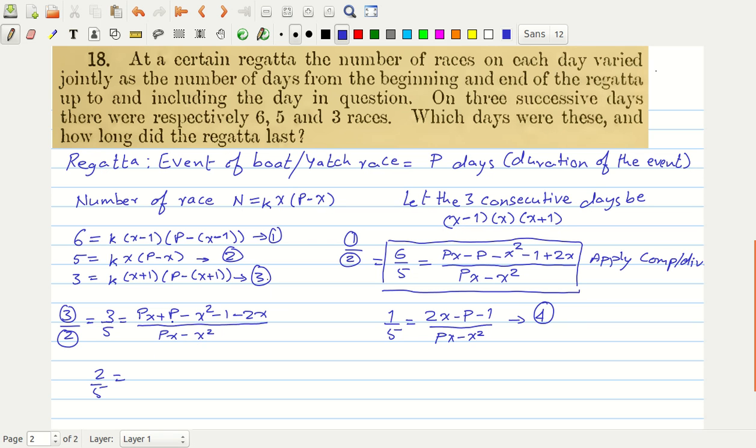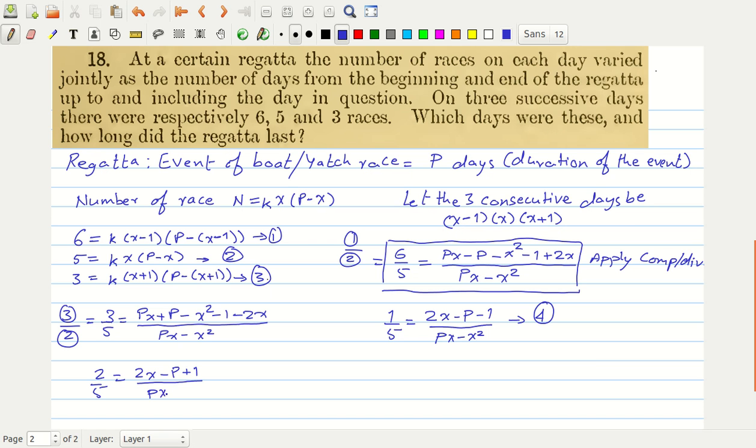So again px minus x square will cancel out and what you will get is 2x minus p plus 1 divided by px minus x square.